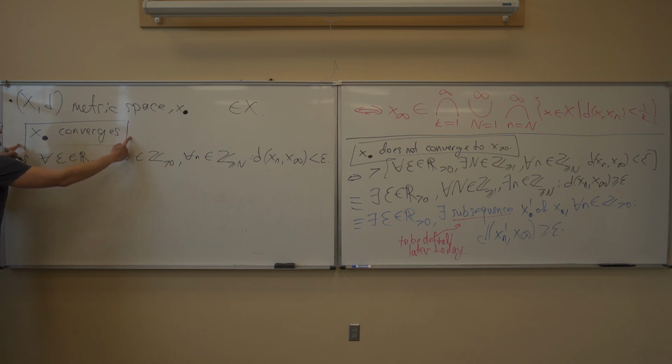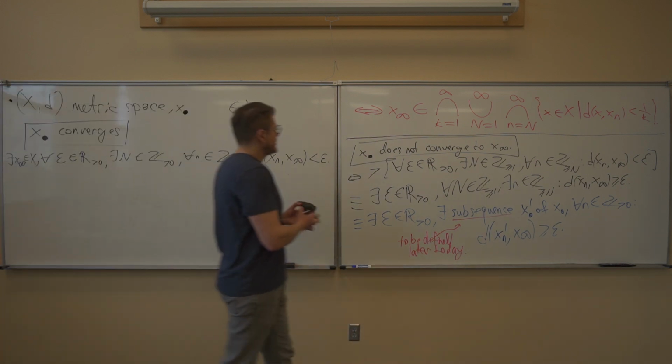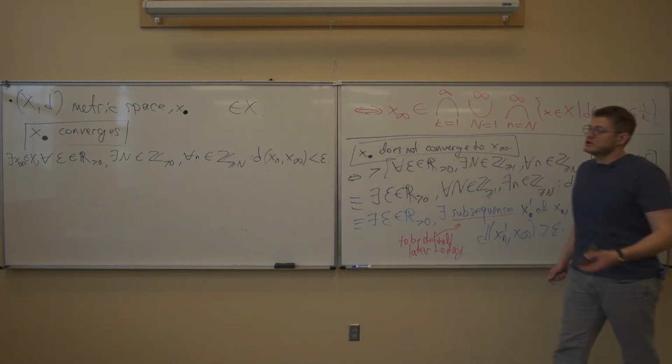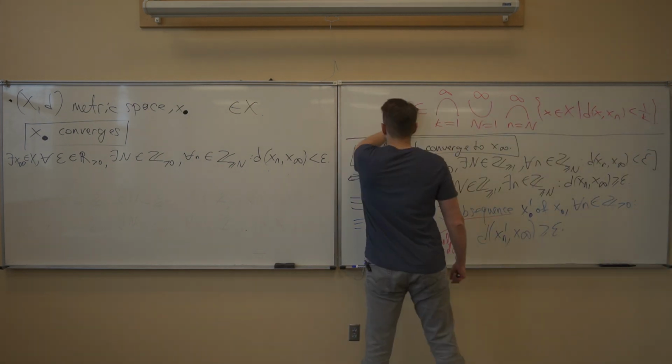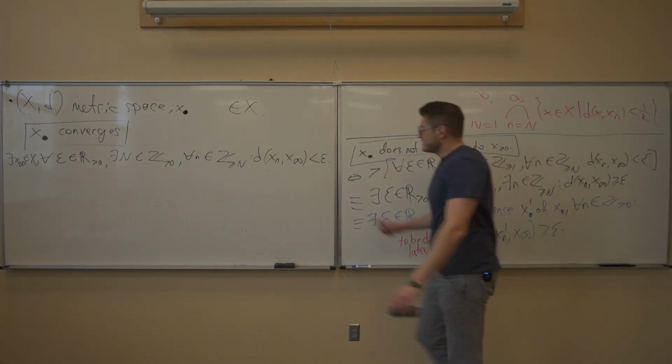But this statement, logically speaking, doesn't specify it. And that's why the way I defined it yesterday on Wednesday was this. X bullet converges if everything like this, but in front of it, there's an x infinity, blah, blah, blah. And then if I were to look at x bullet does not converge or fails to converge, in other words, x bullet is divergent or it diverges, well, I need to negate this statement.